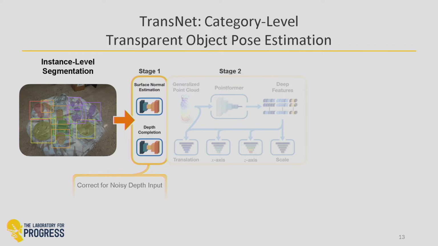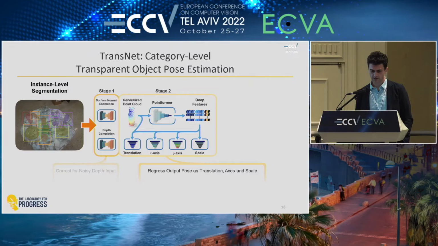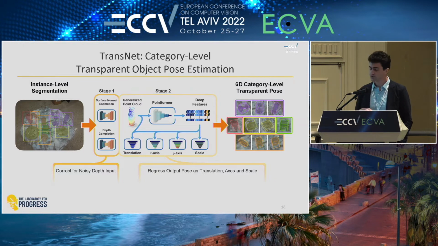At that point, all of the information that we have from our sensor and this depth completion is combined within a generalized point cloud, passed through a transformer-based PointFormer architecture, and then finally we regress the output pose as translation, orthogonal axes, and the scale of each object. So at the output of our network, we'll have a 6D pose estimate for each of the objects within the scene, and also a predicted category label, which came from Mask R-CNN.